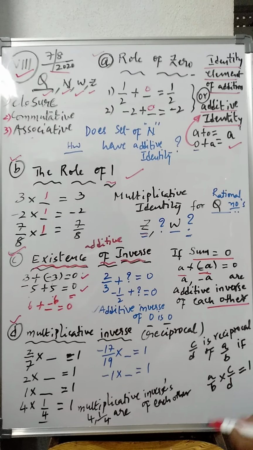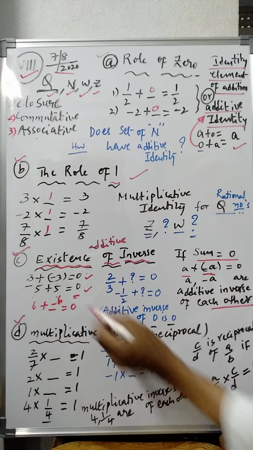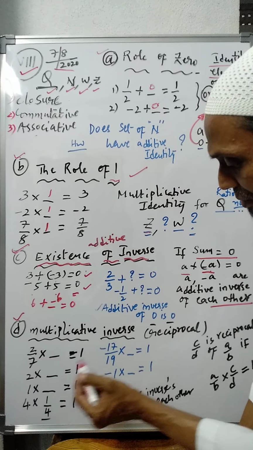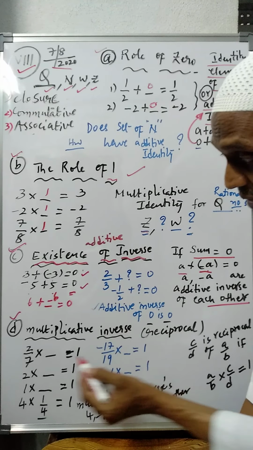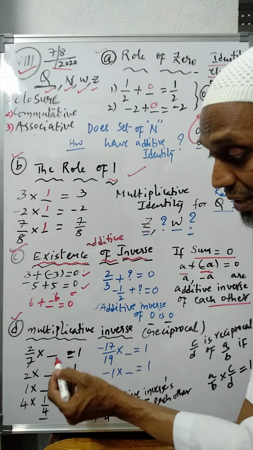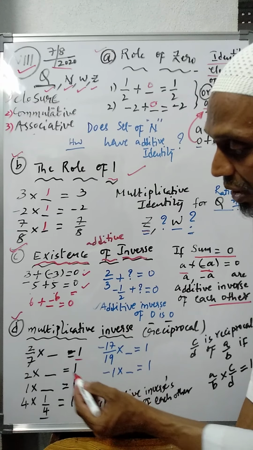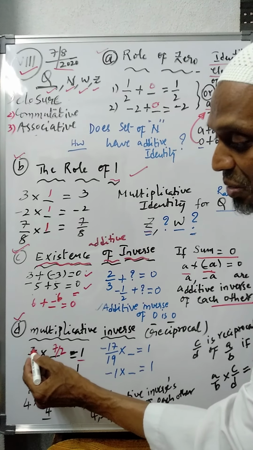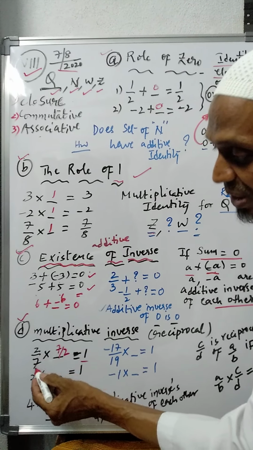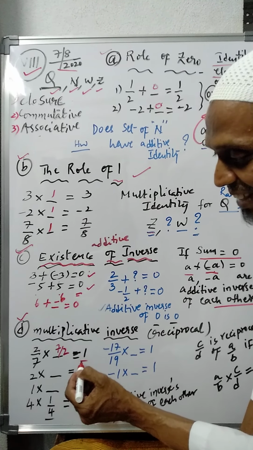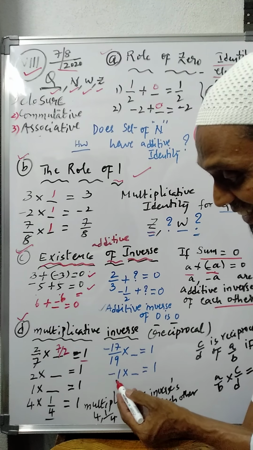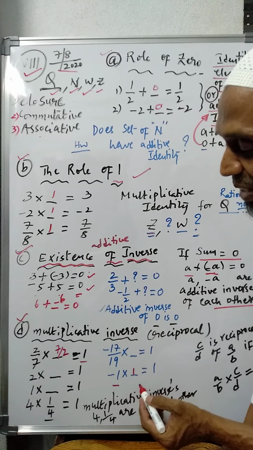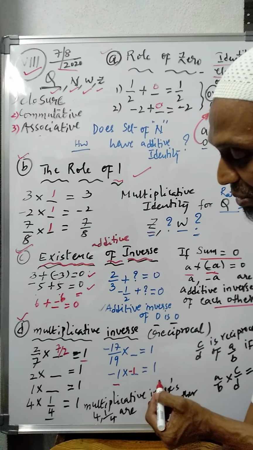So we have seen addition, subtraction, and now multiplication, multiplicative inverse. See, 2 by 7 is also called a reciprocal. 2 by 7 multiplied with what number will give you 1? In simple terms, 7 by 2: put the denominator in the numerator and the numerator in the denominator, and you get 1. But if there is a minus, -1 into dash will give you 1: -1 into -1 will give you 1.